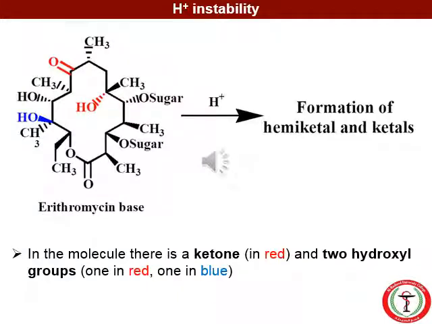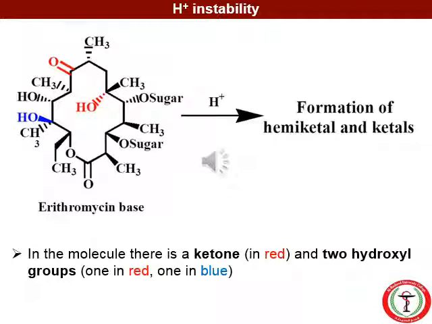I'll talk now about the second issue, which is instability of the macrolides in the acidic stomach. The reason behind instability is the formation of hemiketals and ketals as a result of the reaction between ketone and alcohol, as we will see in the next two slides.